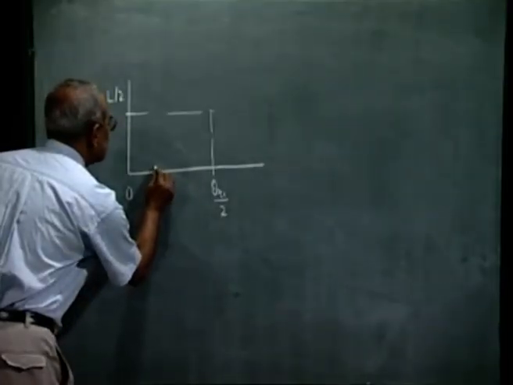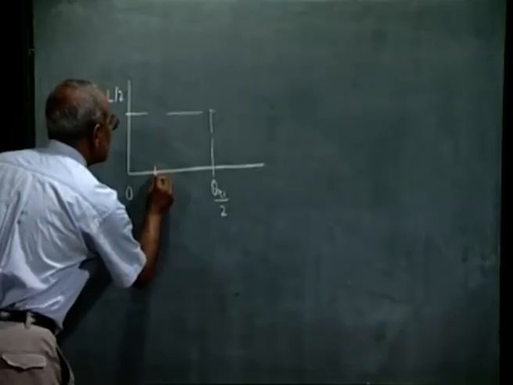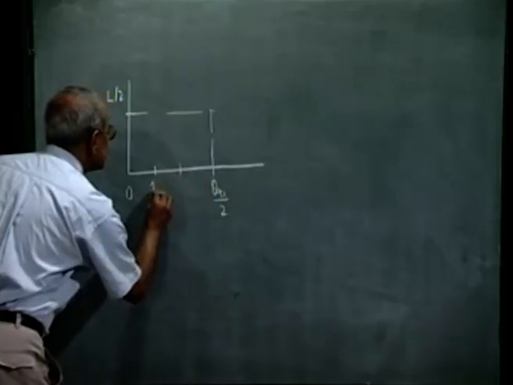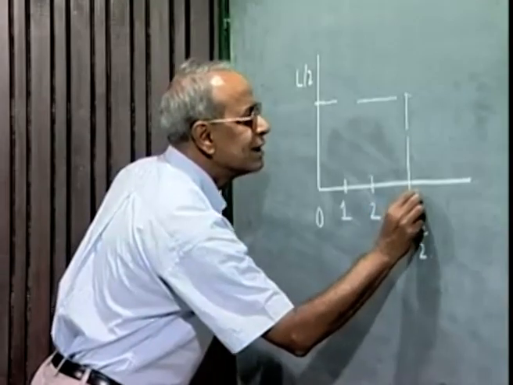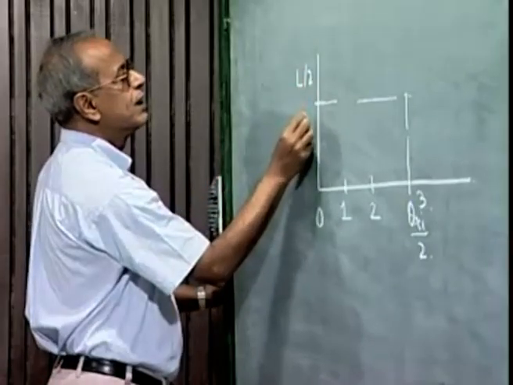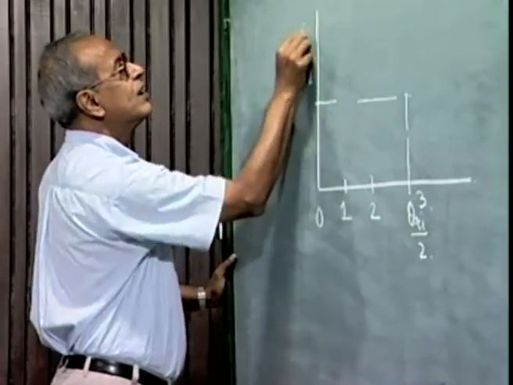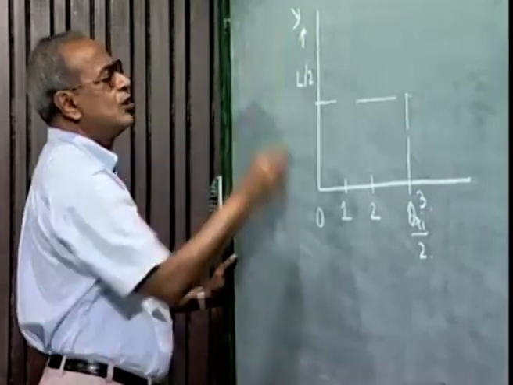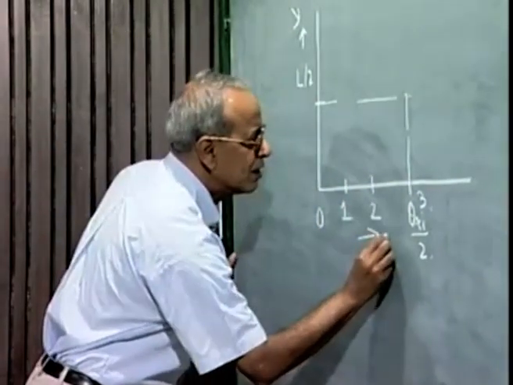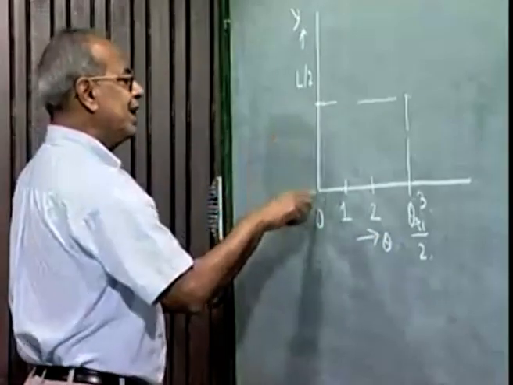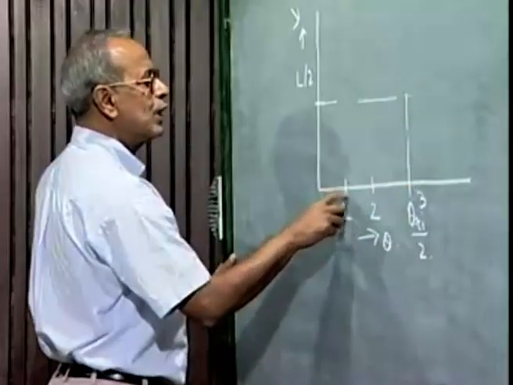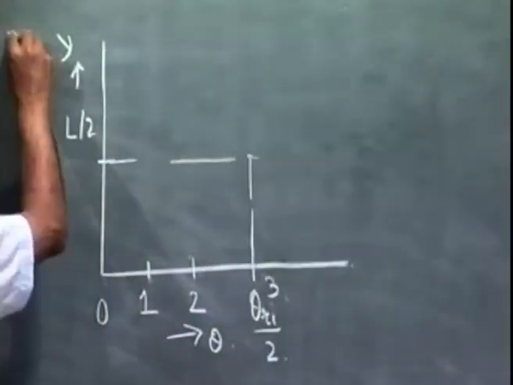I am explaining it with the help of 3 parts. 1, 2 and 3. So this is 1, this is 2 and this is 3. And as we said, the y varies as square of the angle theta. So we have to divide this interval as the square of 1, 2 and 3, that is 1, 4 and 9.